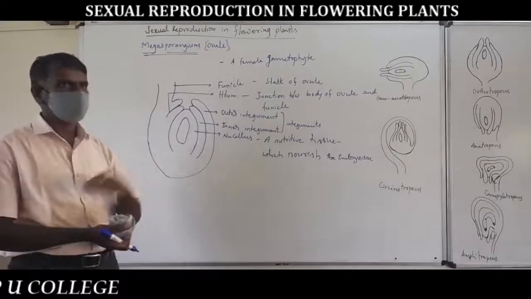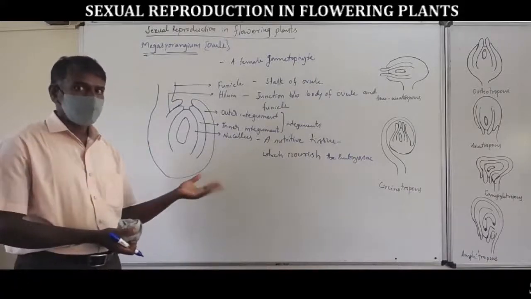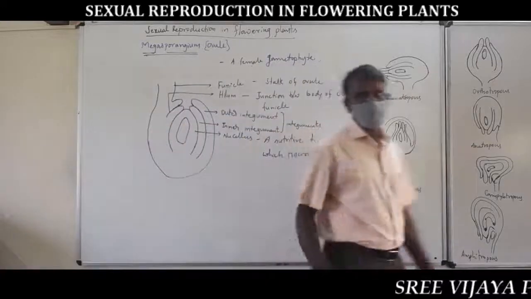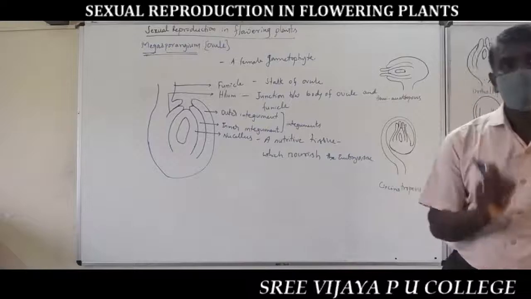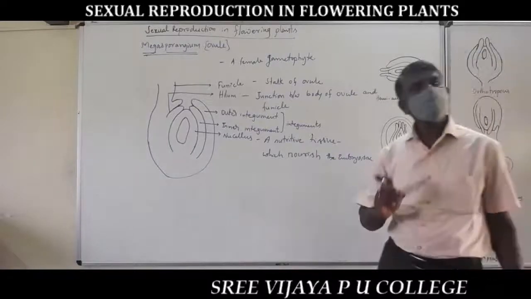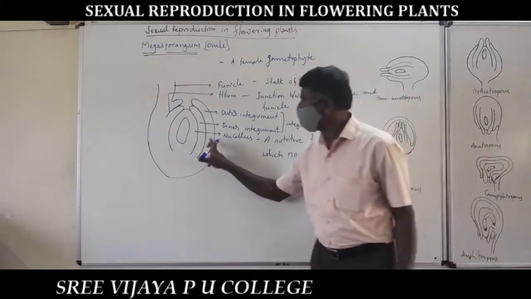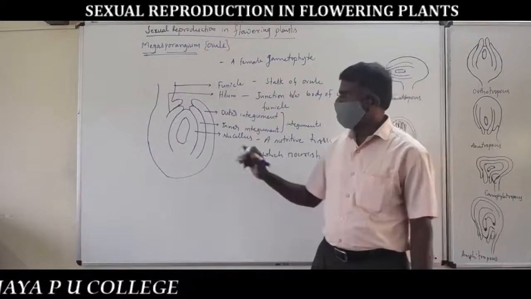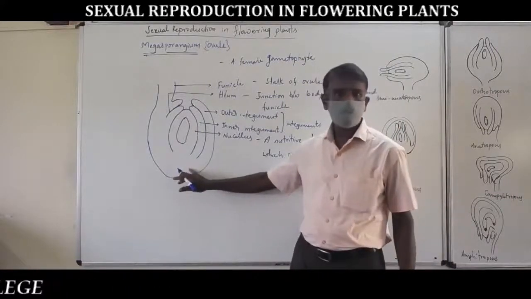At the time of development, energy and food are required, and that food is supplied by the nutritive tissue. The nucellus is a nourishment tissue present below the integuments, and it is an important tissue present inside the ovule.